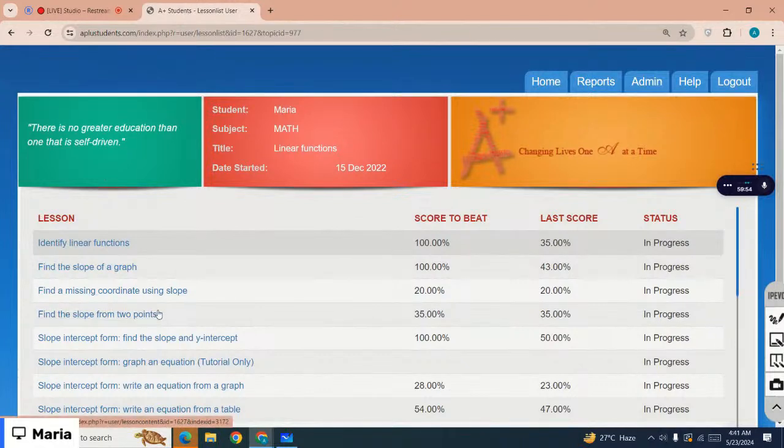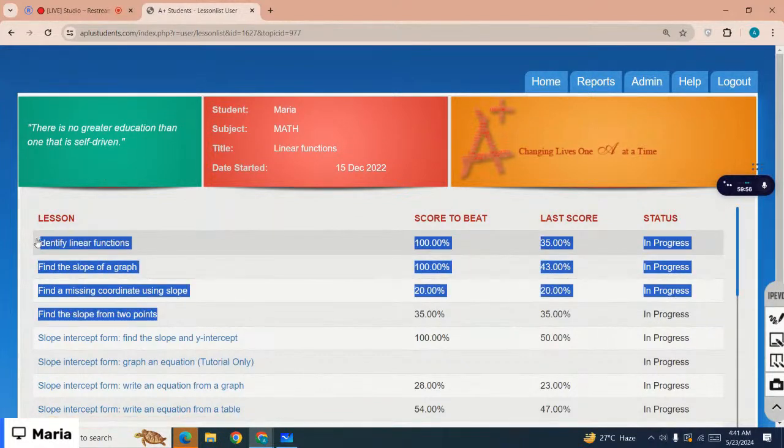The lessons we have covered today are identify linear functions, find the slope of the graph, find a missing coordinate using graph. The one we have just finished is find the slope of 2 points, right? So please make sure before the next session you can complete all the practice questions for the lessons we did today. That is your homework until next session, right?